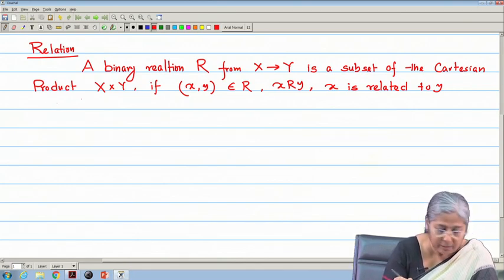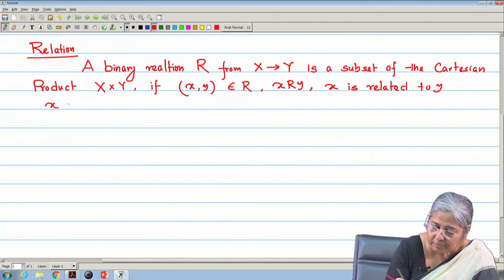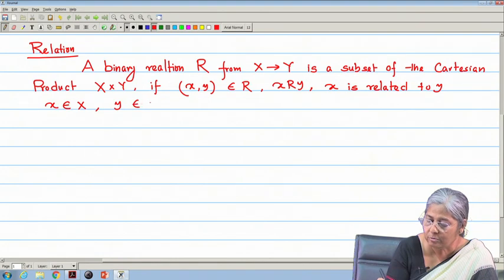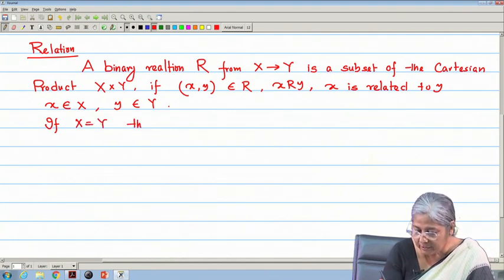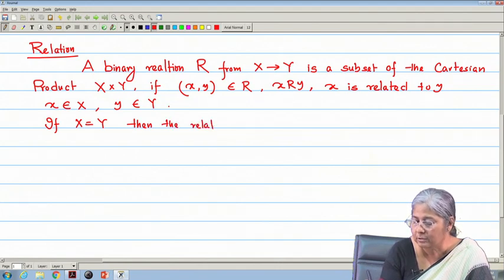And x, as usual, belongs to the set X, y belongs to the set Y. And if X equals Y, then the relation R is on set X only.